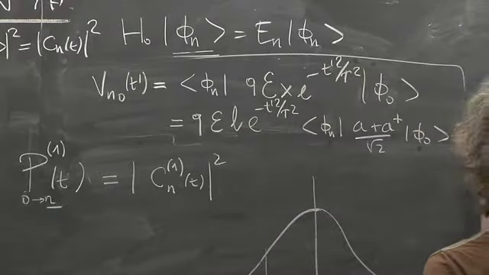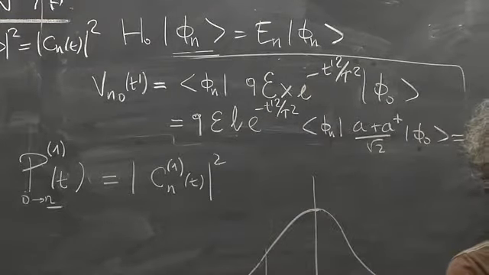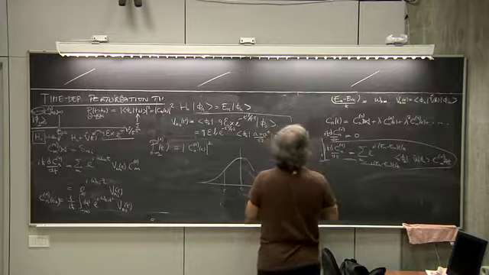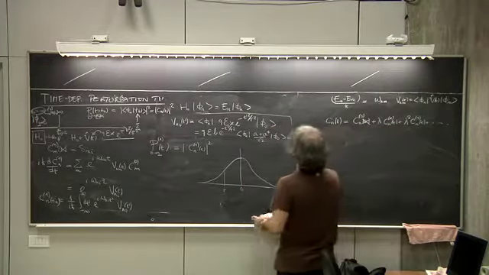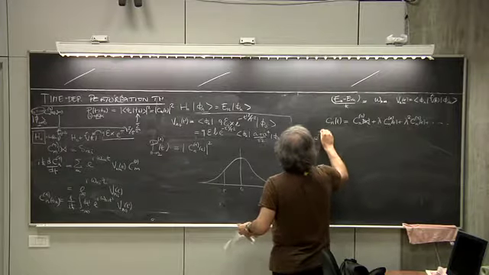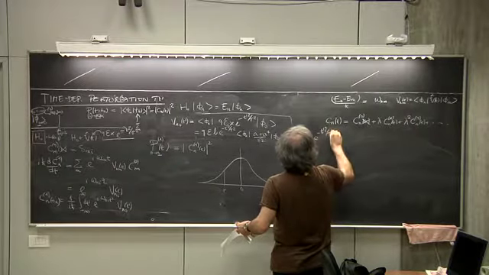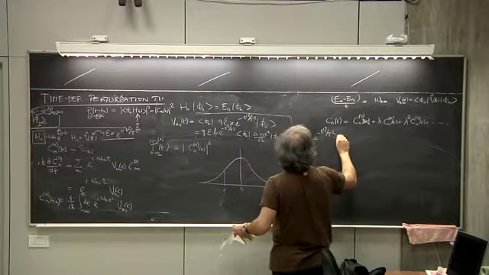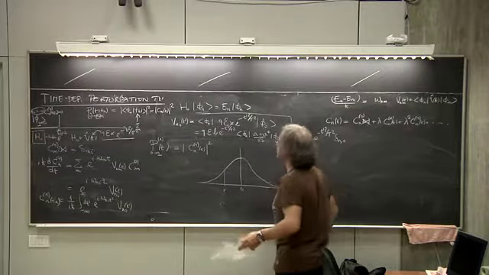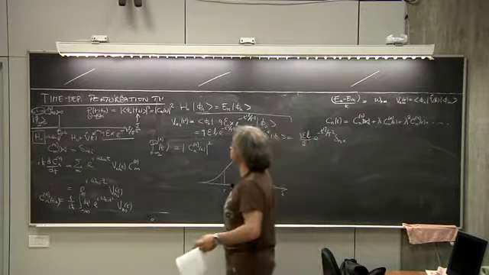Okay, so to this order, I do have simply here q, epsilon, L, the harmonic oscillator length divided by square root of 2. Then I have e to the minus t prime squared over tau squared, and then I have a delta of n,1. Okay? Good.